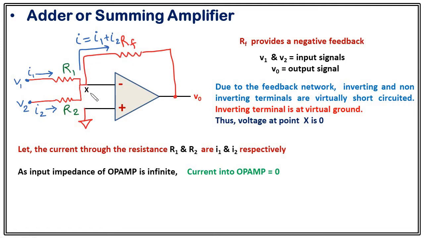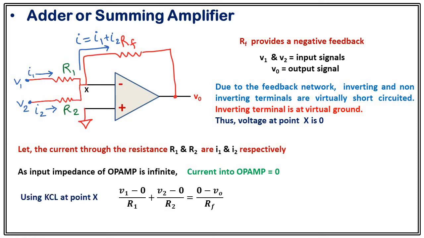Therefore, just apply Kirchhoff's current law at point X. We can write (V1 minus 0), the voltage difference across resistance R1, divided by the value of R1. This is the current through R1, plus the current through R2, which is (V2 minus 0) upon R2, and that will equal the current through RF. The current through RF is (0 minus V0) upon RF.